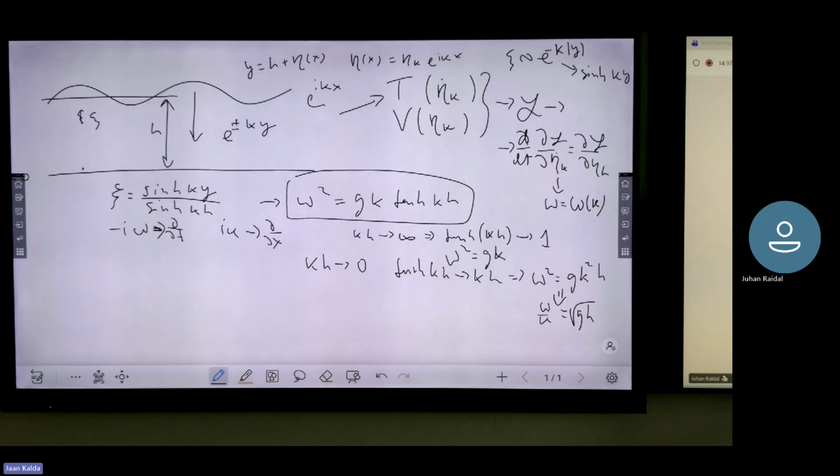I think we did have shallow water waves propagate with this speed, didn't we? We did it, right? Yeah. So this covers both cases, as you can see.